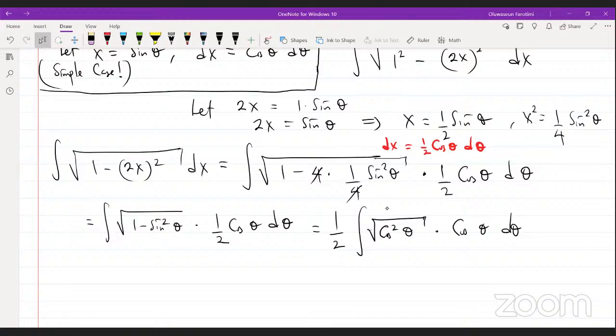But remember, in the interval from -pi/2 to pi/2, your cosine is positive, or at least non-negative, since it could be 0. So this is 1/2 integral of cosine of theta times cosine of theta d theta.